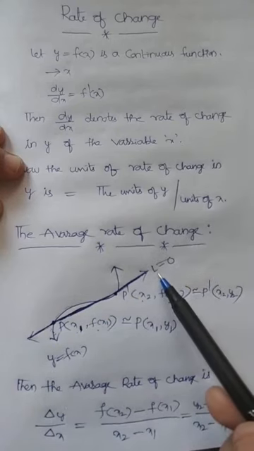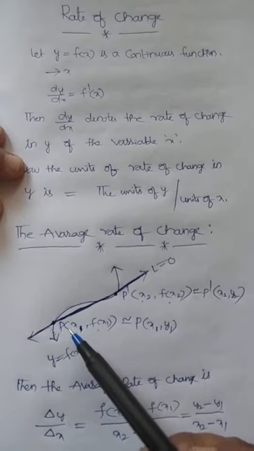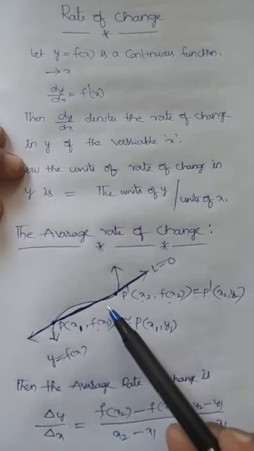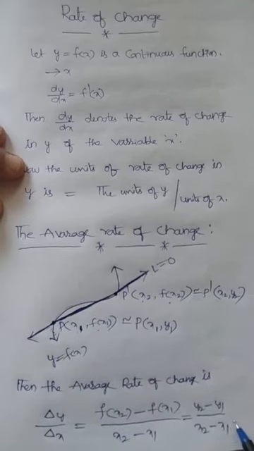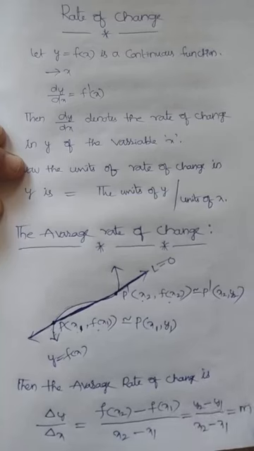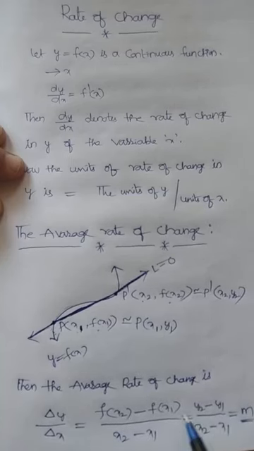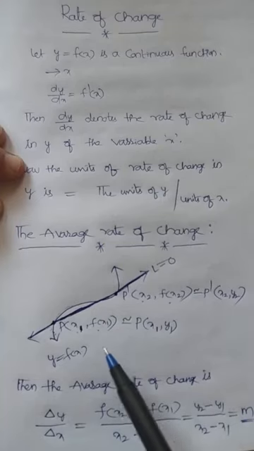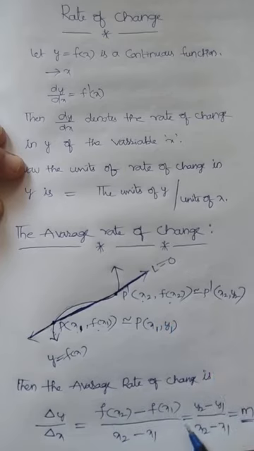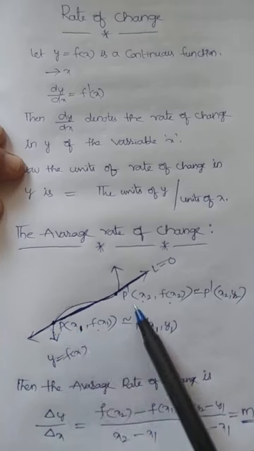The slope of this line is m. So that is none other than the average rate of change in the given function from point P to point P dash, y2 minus y1 by x2 minus x1. It is the slope m of the line joining PP dash bar.